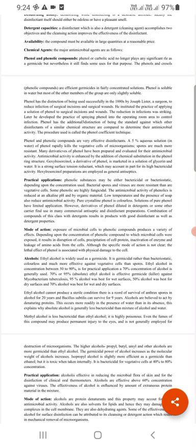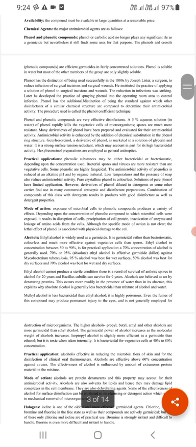In practical application, phenolic substances may be either bactericidal or bacteriostatic depending upon the concentration used. Bacterial spores and viruses are more resistant than the vegetative form of bacteria. Some phenolic compounds are highly fungicidal.